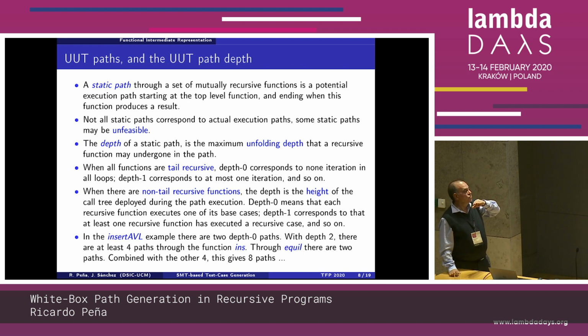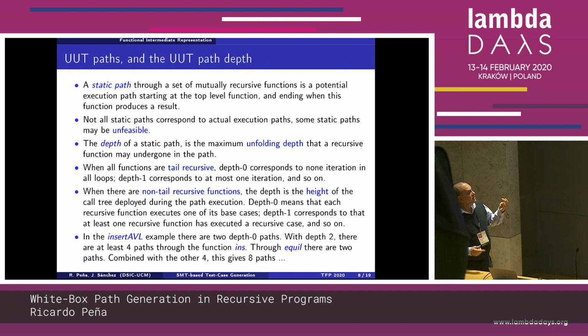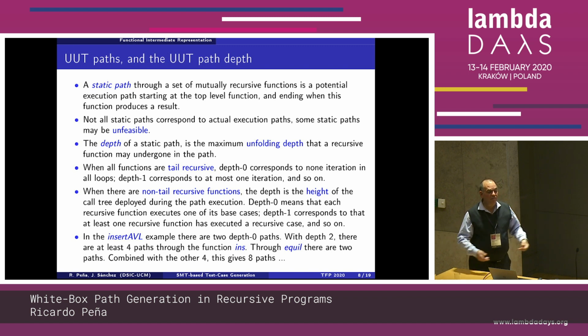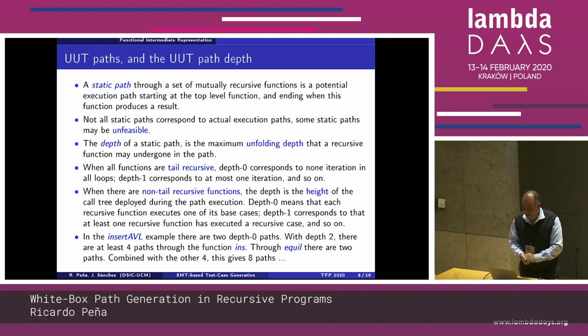And you have to pass because you can go to the left or to the right. And then the equal case also has two paths, because it has to execute the base case. And you get in total 4 paths of depth 1. Excuse me, there's an error. It's depth 1 there. And you call equal, and equal has also 2 paths, and the number of paths increases exponentially the more complex the program is.